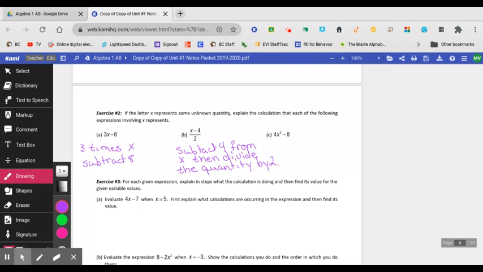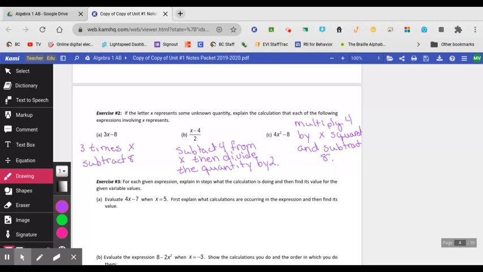And it's important that we say then divide the quantity by 2 because that kind of tells us that we're going to write it that way or put the x minus 4 in parentheses. Letter C is multiply 4 by x squared and subtract 8. Here we didn't need to say the quantity because we're just going to follow the order of operations.